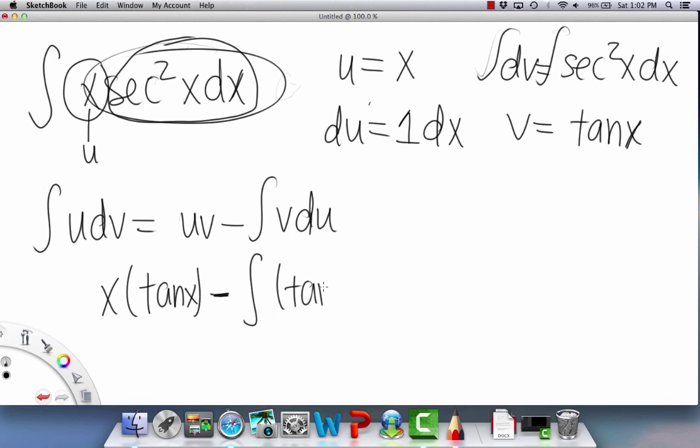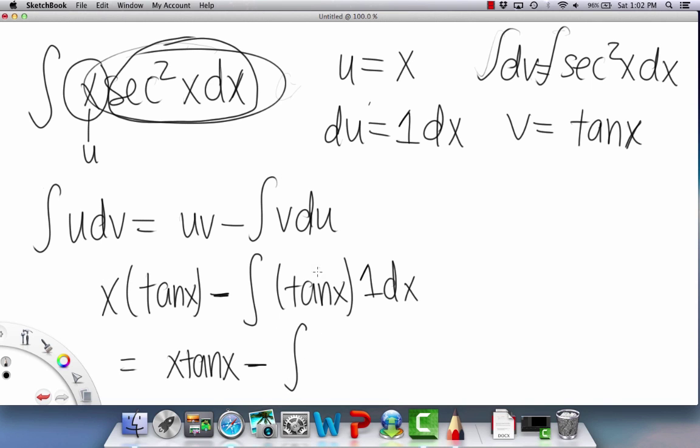And then we plug in our v, so tangent x, and du is now 1 dx, right? And then the 1's just there, or you don't even have to write it technically. So this is the same thing as saying x tangent x, that just stays out in front. That doesn't have to be integrated again, that's just built into the formula.